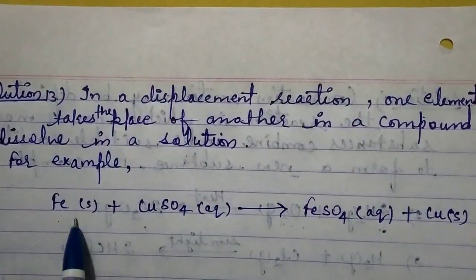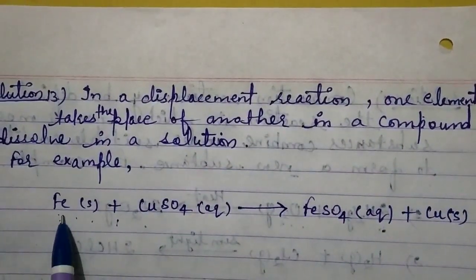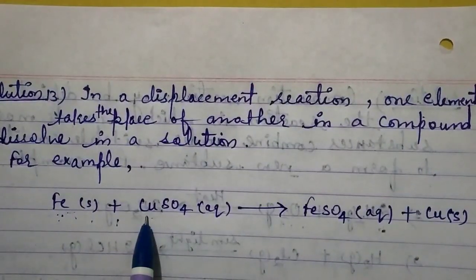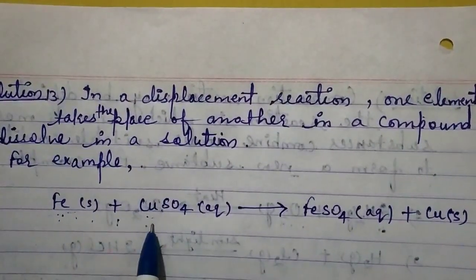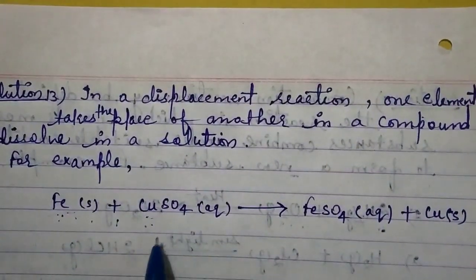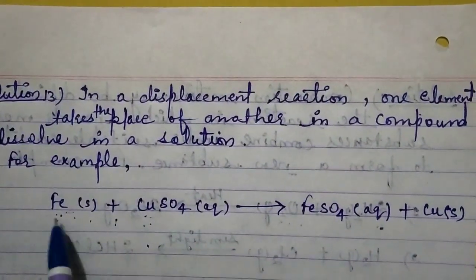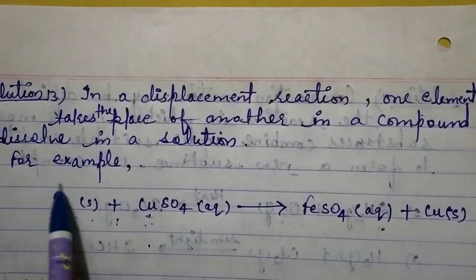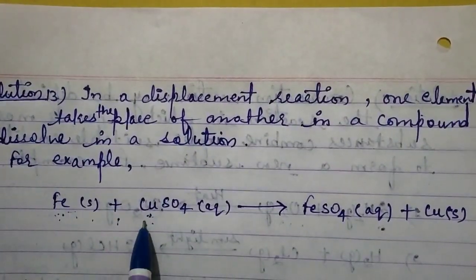So in this reaction, one element, that is iron, take place of another in a compound. It is a compound salt, कॉपर सल्फेट क्या है हमारा, ये एक सॉल्ट है, ठीक है. तो यहाँ पे आयरन कॉपर का प्लेस ले रहा है और कॉपर को डिस्प्लेस कर दे रहा है. तो इट मीन्स आयरन इज मोर रिएक्टिव देन कॉपर.